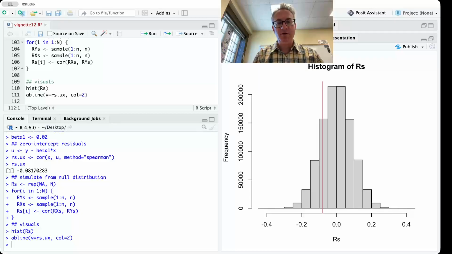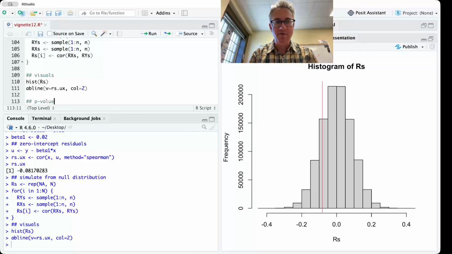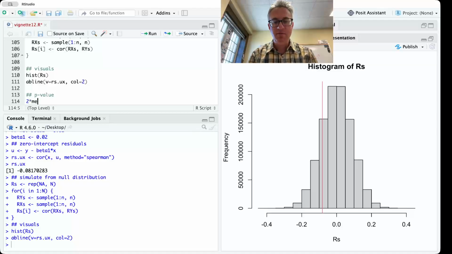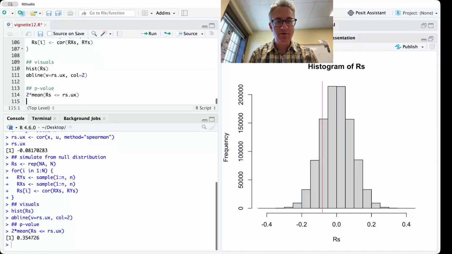So I don't think we're going to reject this null hypothesis, but we can calculate a p-value. So that would be 2 times mean of rs less than or equal to RSUX. And 35%, so not enough evidence to reject the null hypothesis.